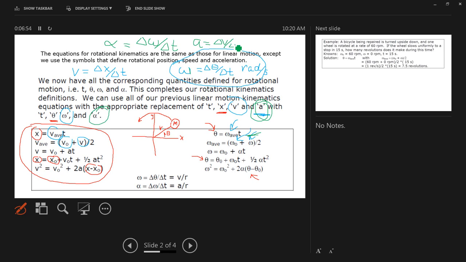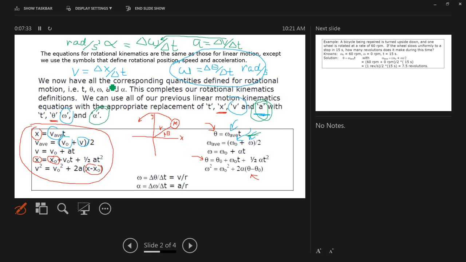If we replace v with omega, we've converted our rate of change of linear speed to a rate of change of angular speed, and therefore we have the angular acceleration. Alpha, angular acceleration, is in radians per second squared, because accelerations are always in per second, which is seconds squared.